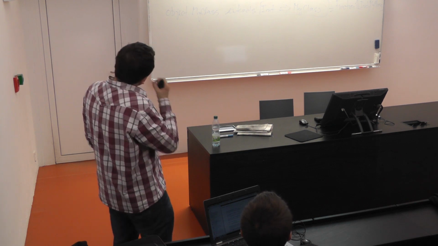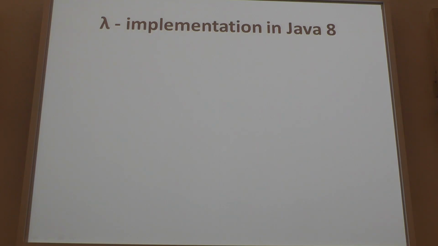And let's look at how this is implemented in Java 8. It's something very, very different. Java 8 does not define any special anonymous classes for the functional interfaces. It hides the implementation of the methods of those interfaces in synthetic methods in the class where you use it.